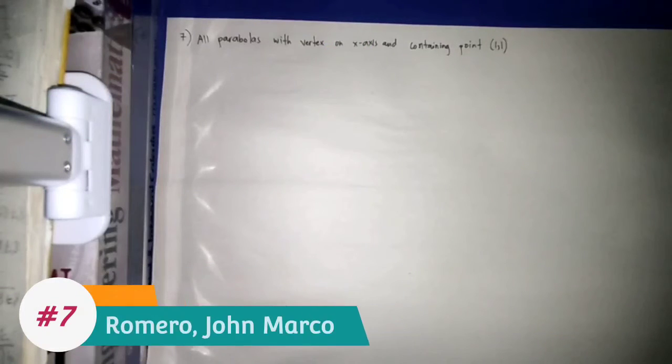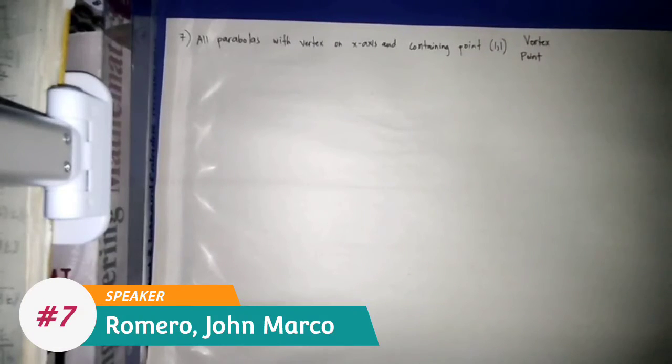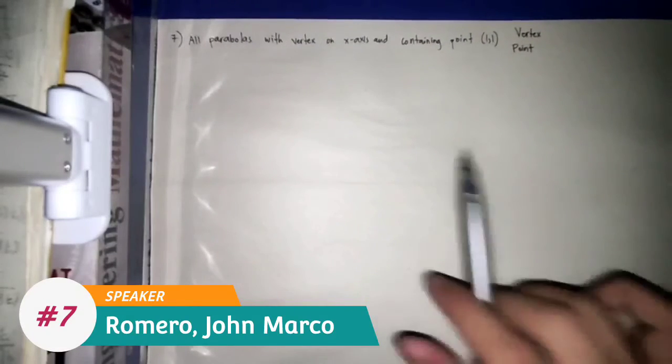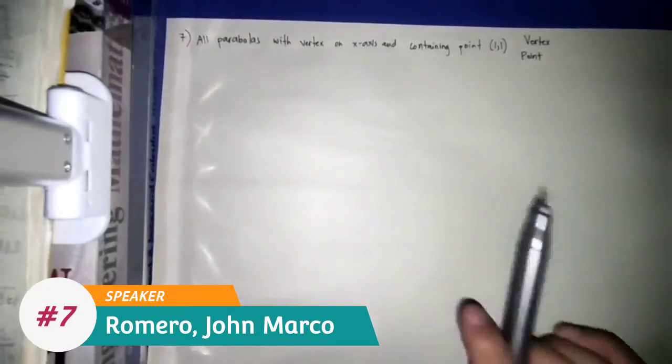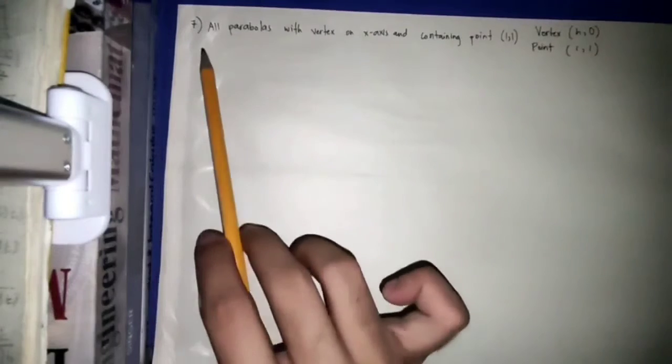Before we sketch, let's identify the vertex and the point. It tells us that the vertex lies on the x-axis, which means that it has no y component, so the k should be 0, and the point is 1, 1.